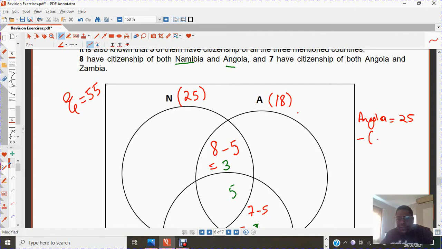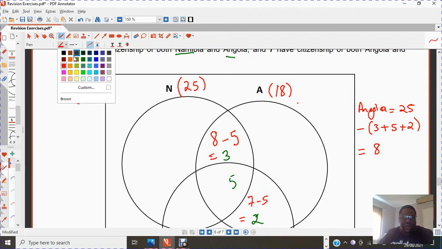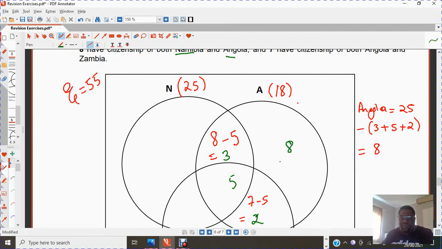So if I take away 3 plus 5 plus the 2 here, that is 10. And therefore, the missing value that we need in order to complete Angola must be 8. So the one for Angola is complete.